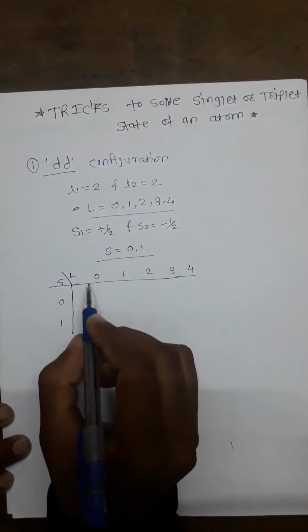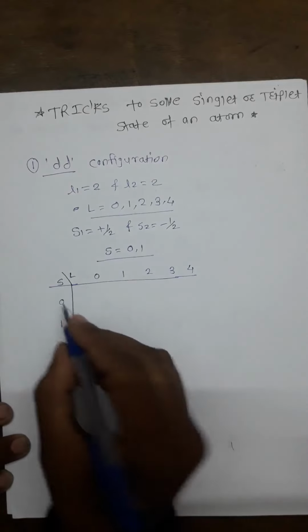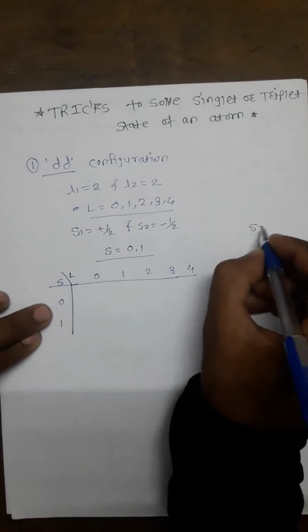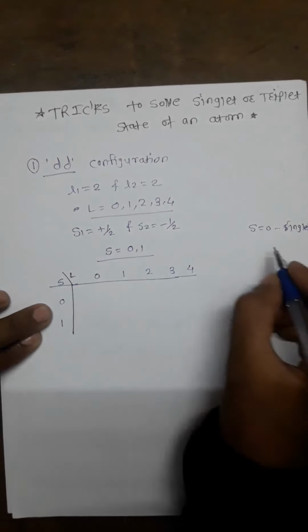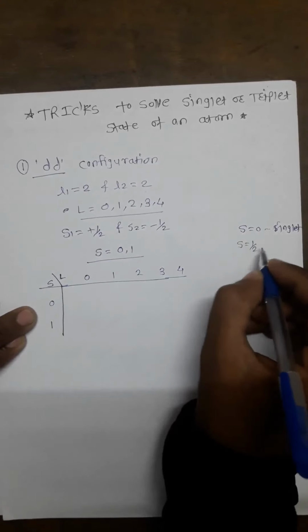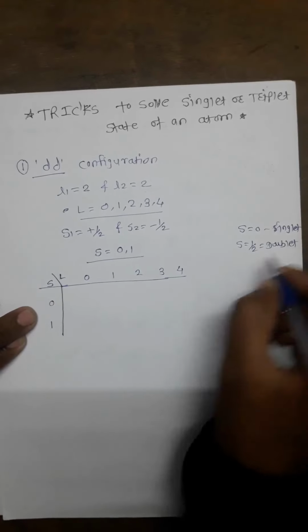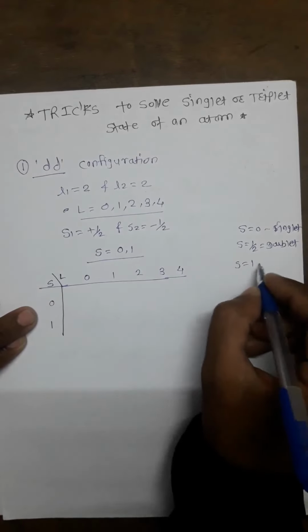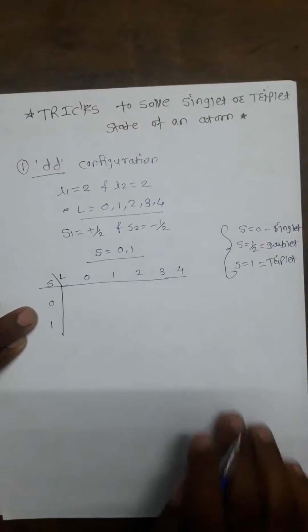You have to know that S equal to 0 is the singlet state, S equal to 1/2 is the doublet state, and S equal to 1 is the triplet state. You have to remember this.